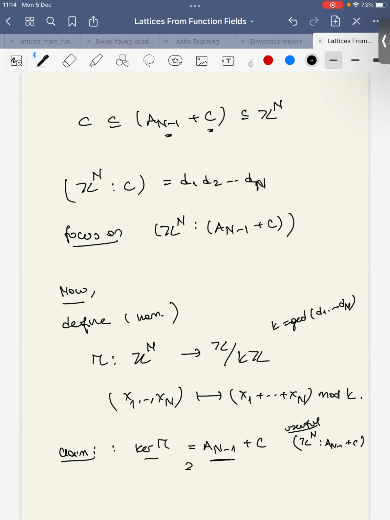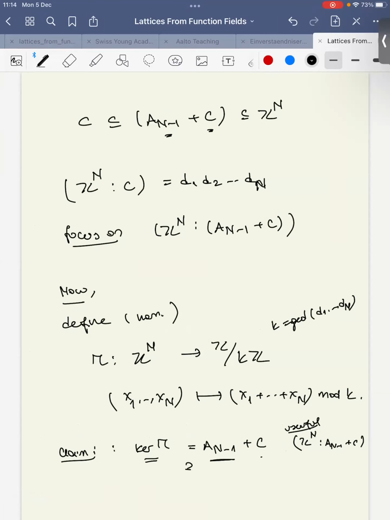A_{n-1} obviously lies in the kernel of this map. We also need to say that C should be a subset of the kernel of this map. To see that, let me consider an element in C. By the definition of C, we know that its coordinates are 0 modulo d_i.